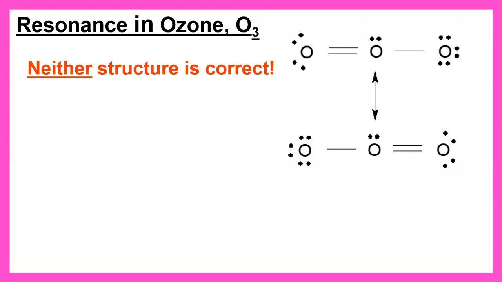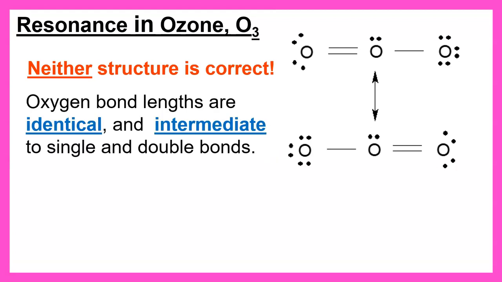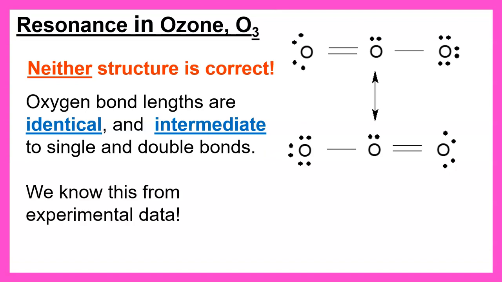They're not. Lewis structure is too simple. In real life, this structure here is in between the two drawings. And we know that because we can measure it in real life now. We have actual data that shows that this top drawing is wrong. The bottom one is wrong. It's in between.